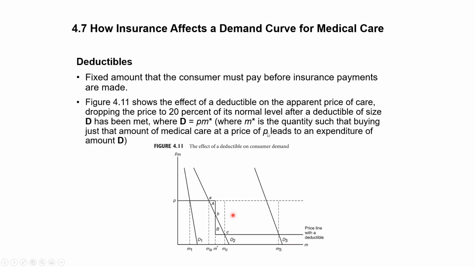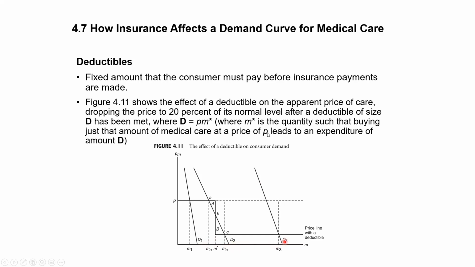Figure 4.11 on this screen shows the effect of a deductible on the apparent price of care, dropping the price from the original price, let's say P, to about 20% of its normal level after a deductible of size D has been met.